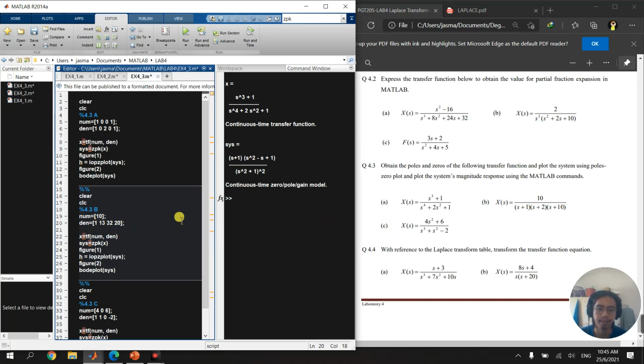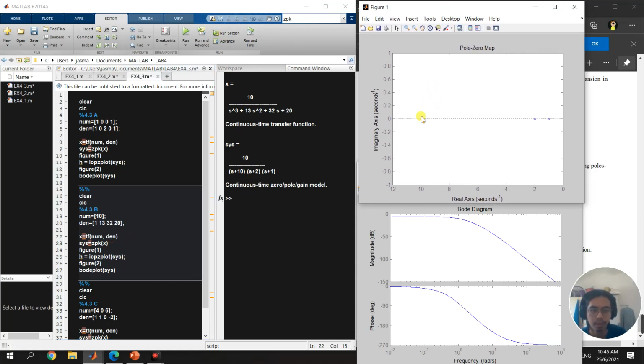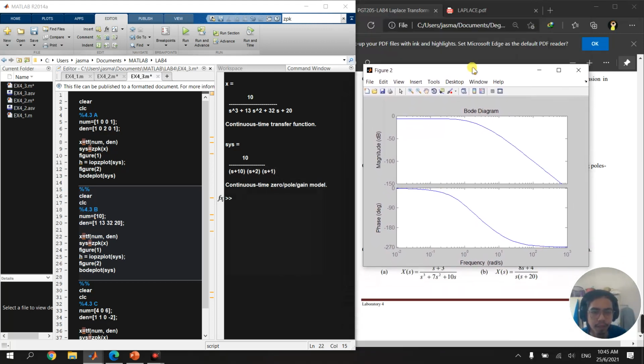They have been expanded. So then we do the transfer function, zpk, and figure and plot the zeros and poles. You can see here there is a pole, and I don't see any zero anywhere. This is the magnitude diagram, which is going down.